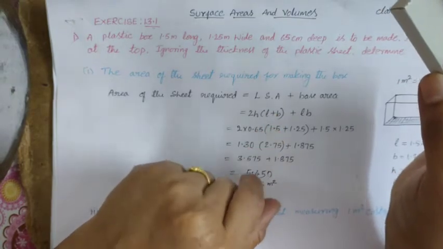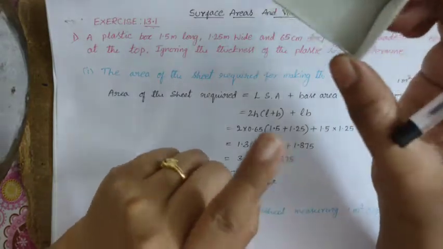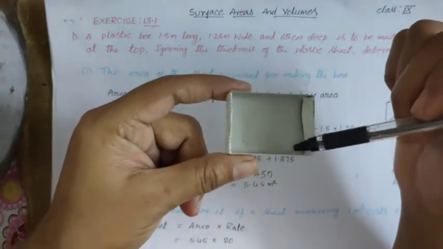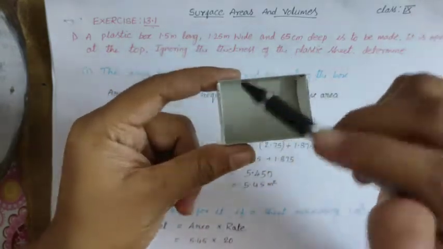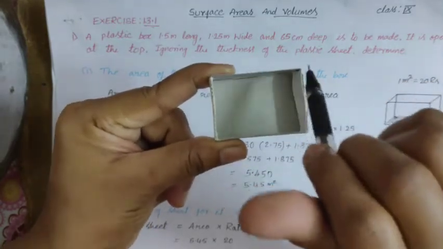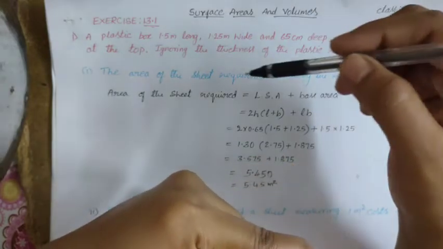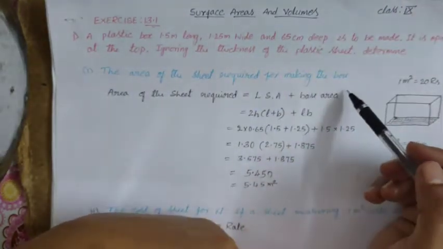Here we have to find the area of the sheet required for making the box. For making this box, length is given, breadth is given and height is also given. So find the area of the sheet required for making the box.